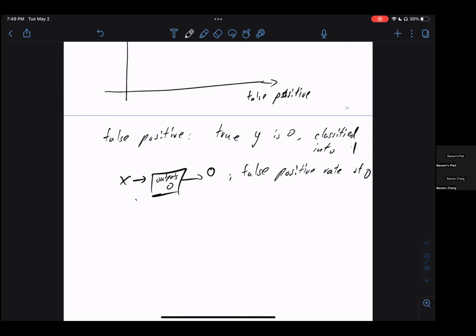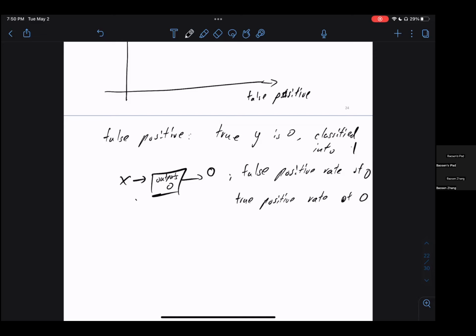I can never be wrong in this direction, simply because I never declare anything as a 1. But this also has a true positive rate of 0, because if the y should actually be 1, you never actually declare a 1. So this just outputs 0 all the time.